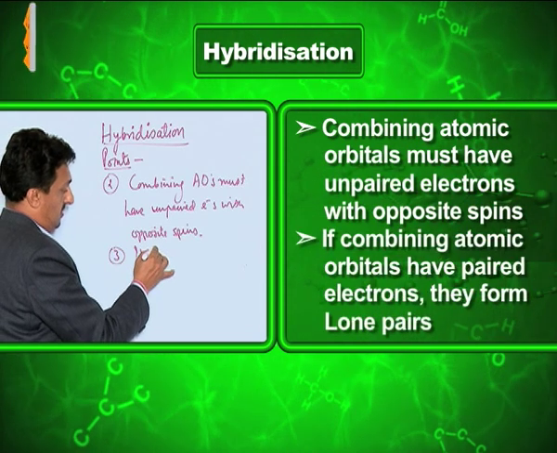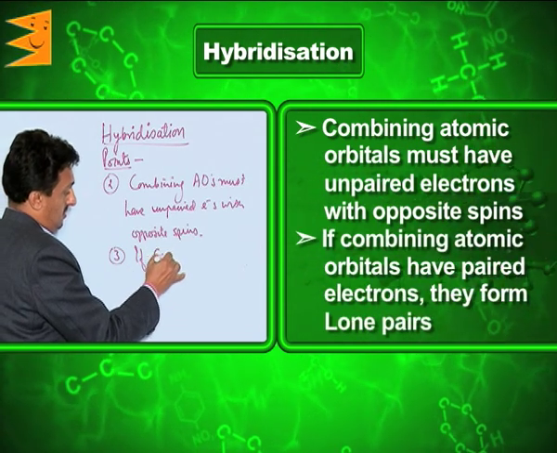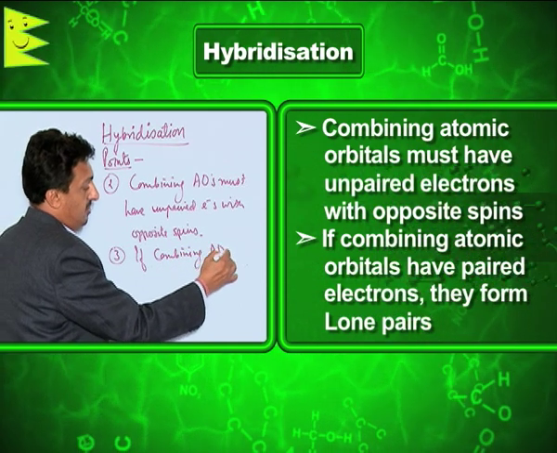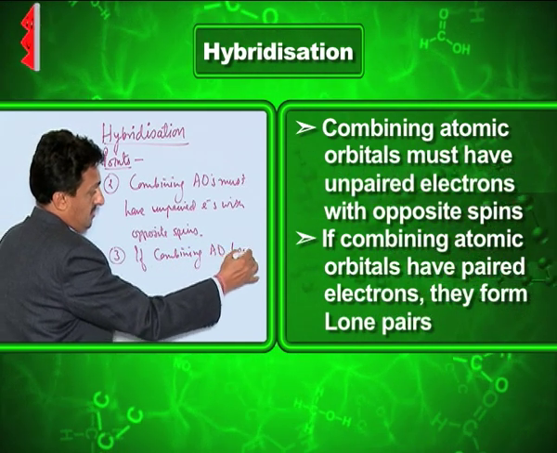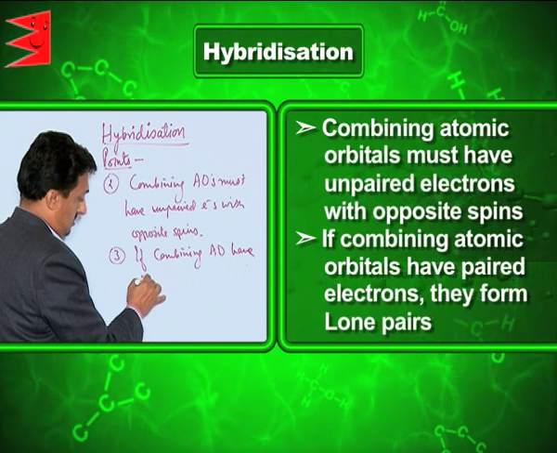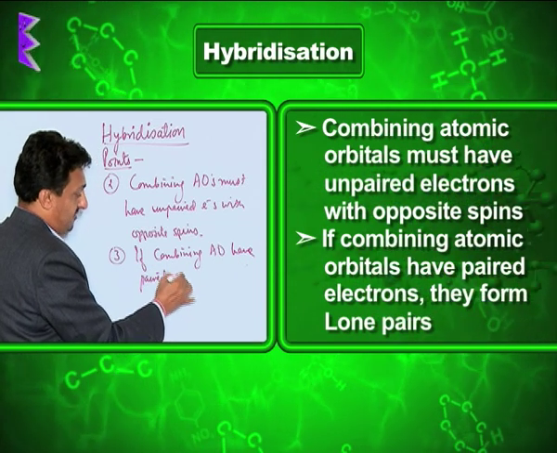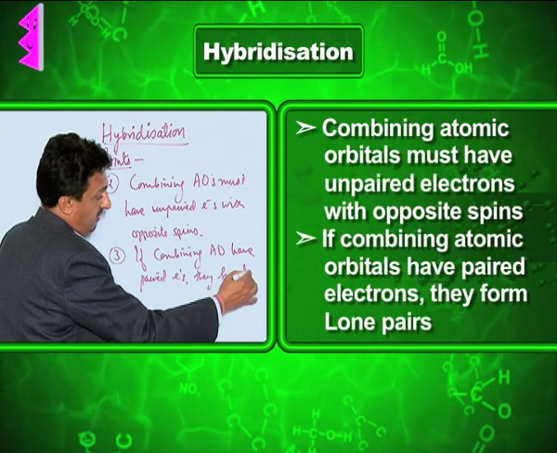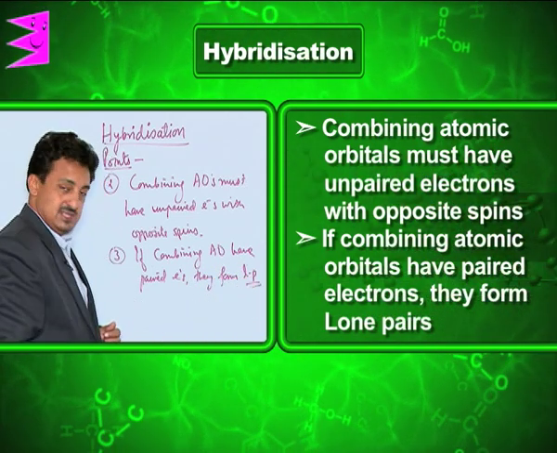If the combining atomic orbitals have paired electrons, they form lone pairs.